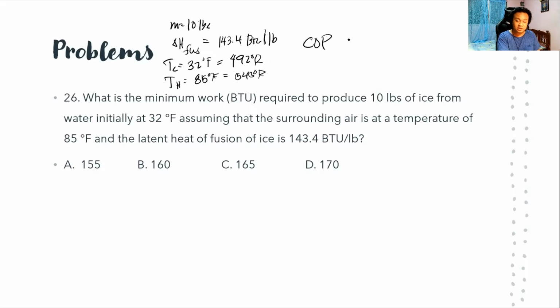Okay, so I said earlier that we have to use our COP, coefficient of performance. The coefficient of performance for a refrigerator is equal to the QC, which is the heat rejected to the surroundings, over the work input. Now it is also equal to the cold temperature over the hot temperature minus the TC.